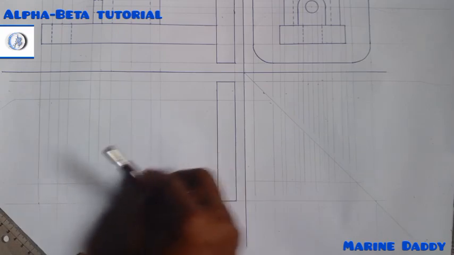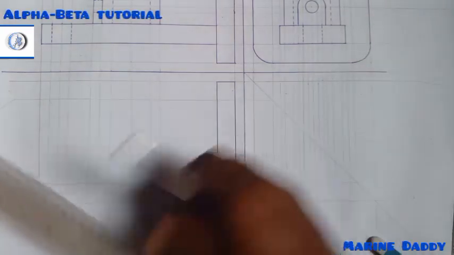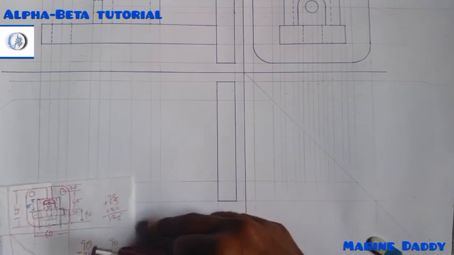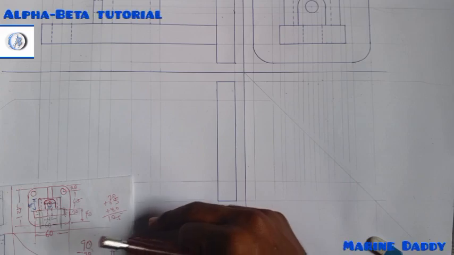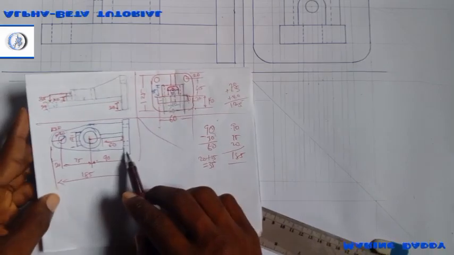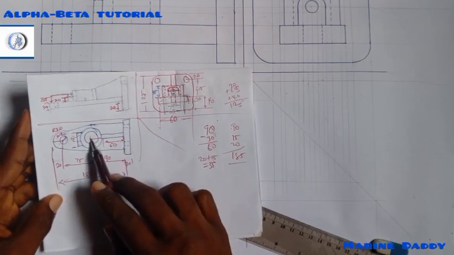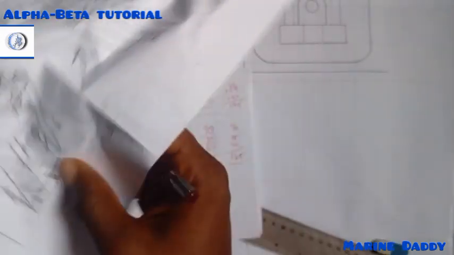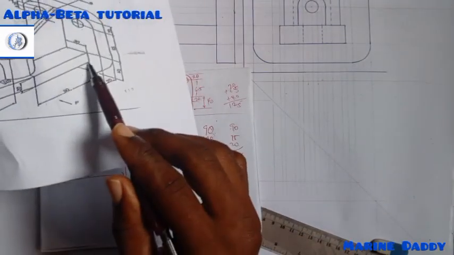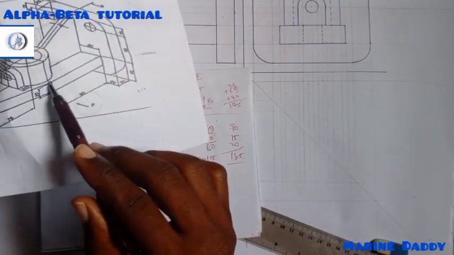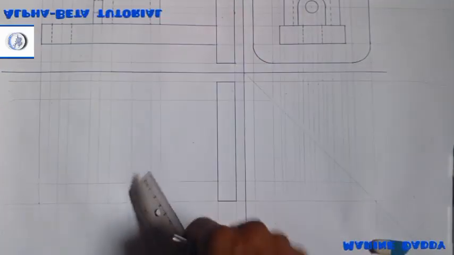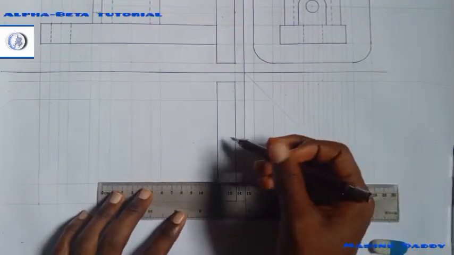So this one is actually straight down to the center. This line now you are seeing here is actually straight down to the center of this circle. Also here too. Straight down to the center here. And this is my center. So it will be straight down to this side.